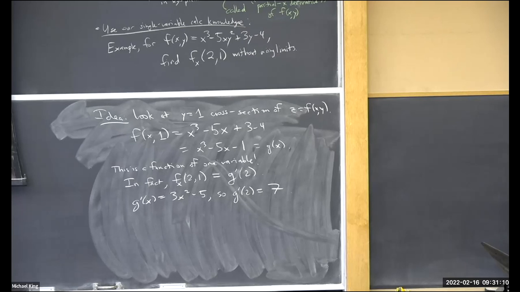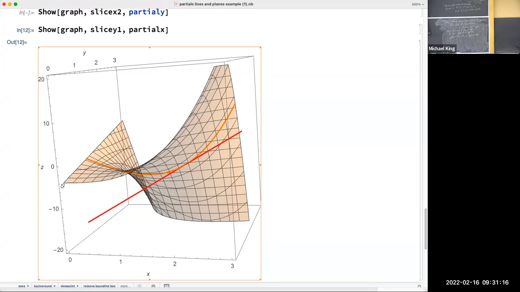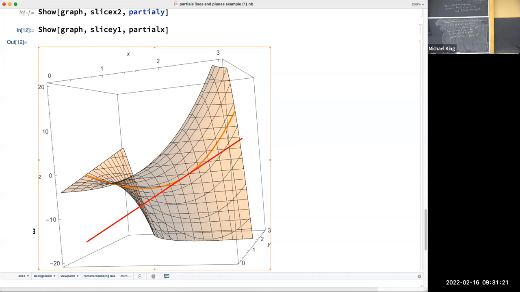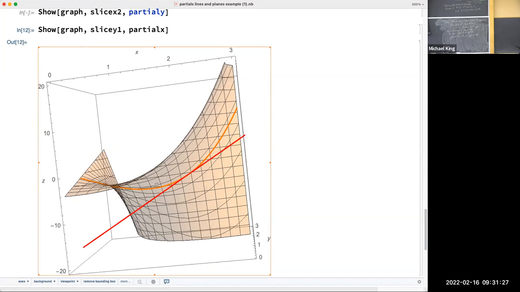And it doesn't look like it slopes 7, but if you notice the z-axis has a much bigger scale, right? This is from 0 to 10, whereas on the x-axis it's 0 to 1.